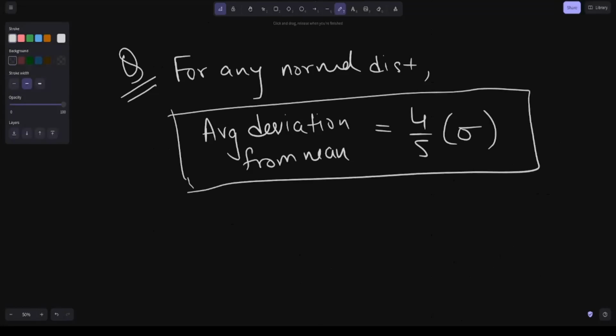This is a very important formula that can help you solve sums very easily, and your task is to prove this. It is not a hard sum, just a huge calculation sum, so try to prove this. With this we finish normal distribution as well, and next day we will go to t distribution, chi-square distribution, etc.